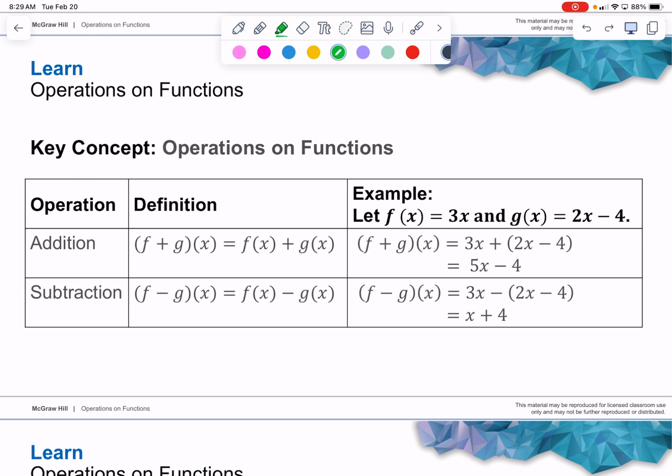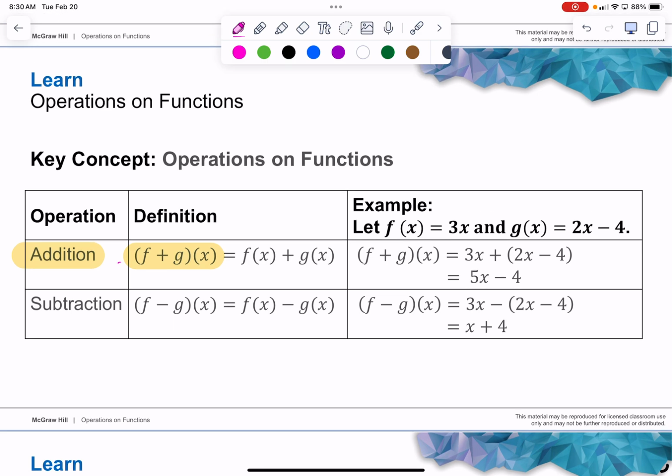We just want to make you aware of the notation. Okay? So when I am adding two functions together, the notation f plus g of x, and I'm going to make sure that you guys understand this is f plus g of x, is going to be equivalent to taking all of f of x and adding it to all of g of x.